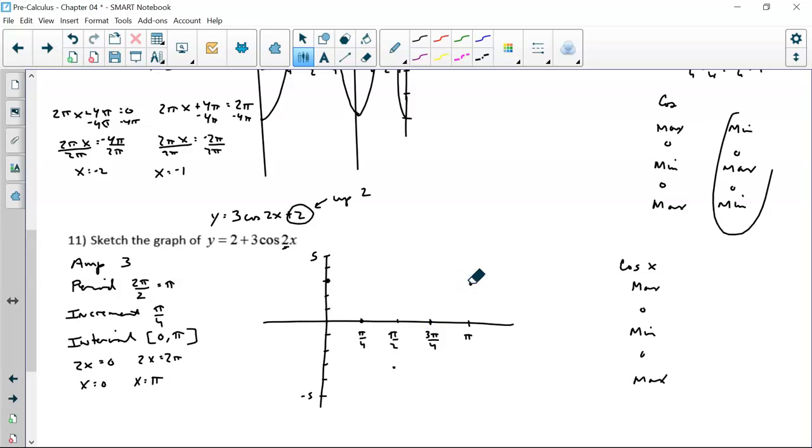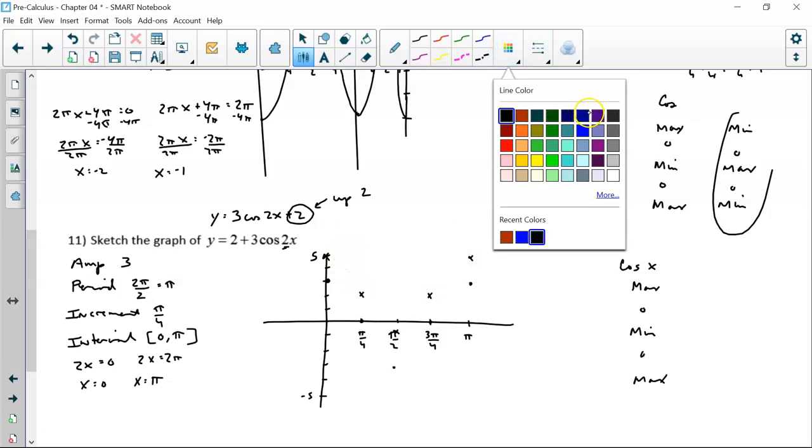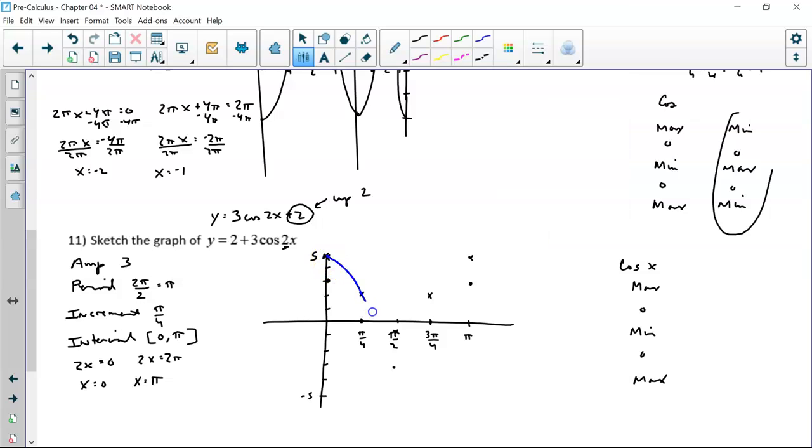So we're going to start at the maximum of 3, to the 0, down to the minimum at -3, to 0, and then to the maximum. Now, before we do the rest, we want to shift our graph up 2. I'm going to use an X to mark my points up 2 each time. So now, when I draw my graph through this, use a different color. Now that we shifted up 2, there's our graph.